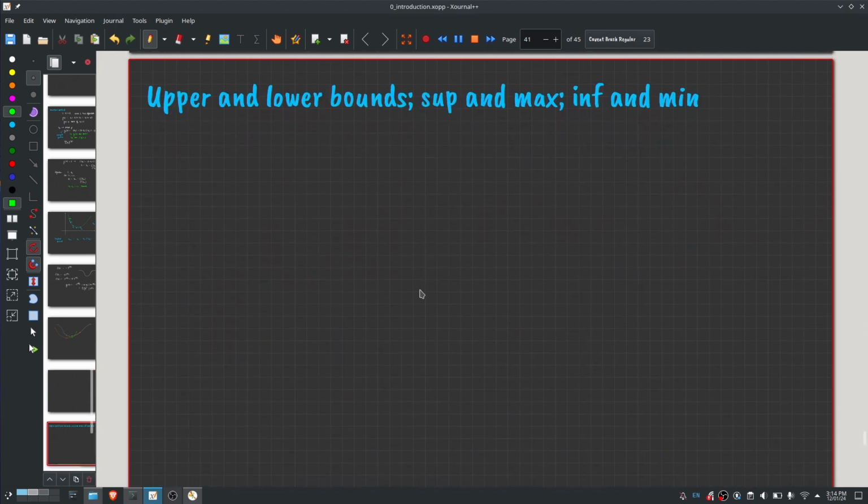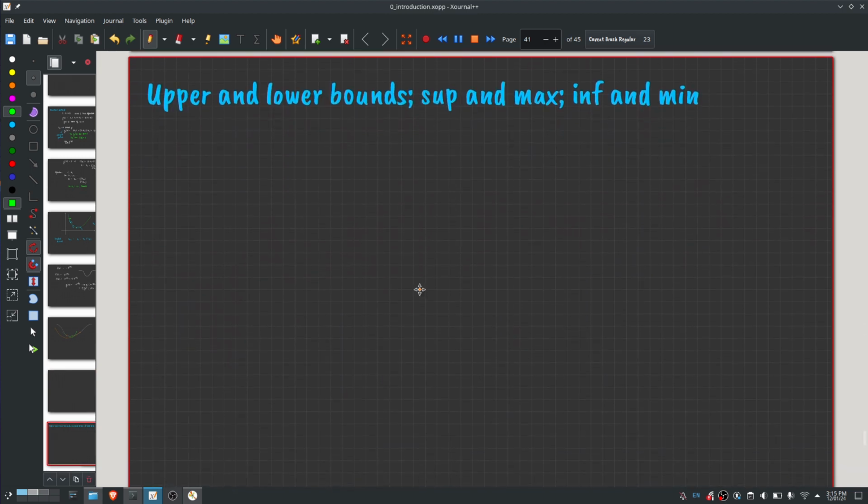So we'll start with something simple. Given a set of real numbers, what is an upper bound? What is a lower bound? What do we mean by the supremum, the infimum, the maximum, and the minimum? Suppose I give you some subset S of real numbers.